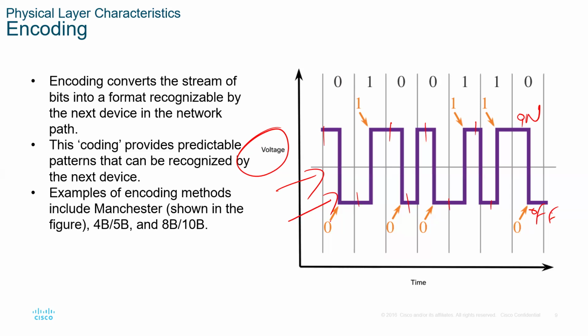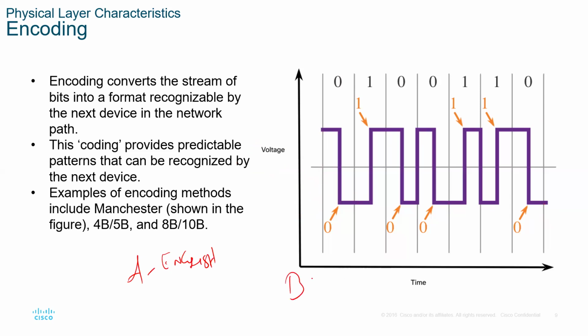Also, another thing is compatibility. Encoding is very important for compatibility. You might have device A which understands the English language, then we have device B which understands French.